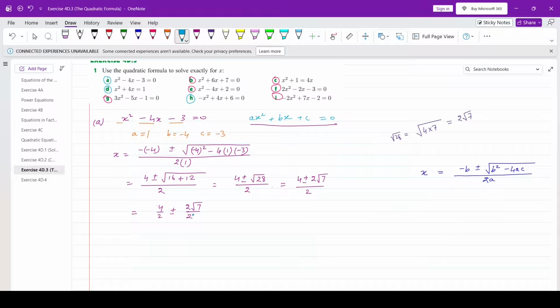If we cancel 2 with this 2, we get 1, and 2 divides 4 two times. Therefore, we get 2 ± √7. So we can say x is equal to 2 + √7 or 2 - √7, and that's the answer.